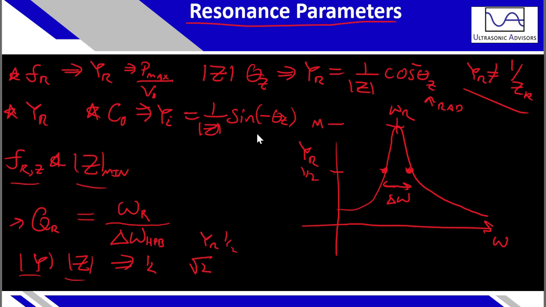So for admittance, you have to be square root of 2 lower, so 1 over square root of 2, and for impedance, you have to be square root of 2 higher, because as you may remember, impedance has a minimum. So this is your impedance minimum, and you have to be Z square root of 2, which is about 1.4 times higher.